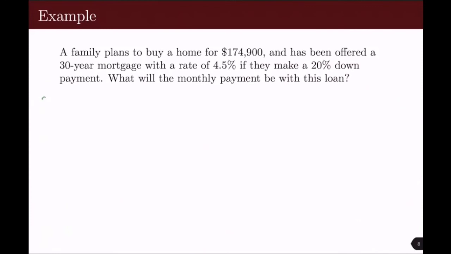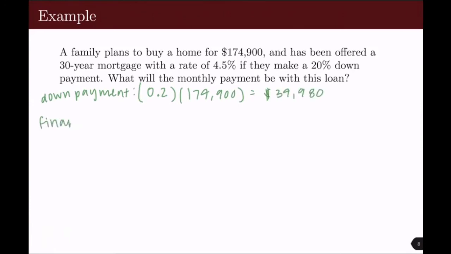So our down payment is going to be 20%, which is 0.2 of this 174,900. That is going to be equal to, so that means we're financing the rest.